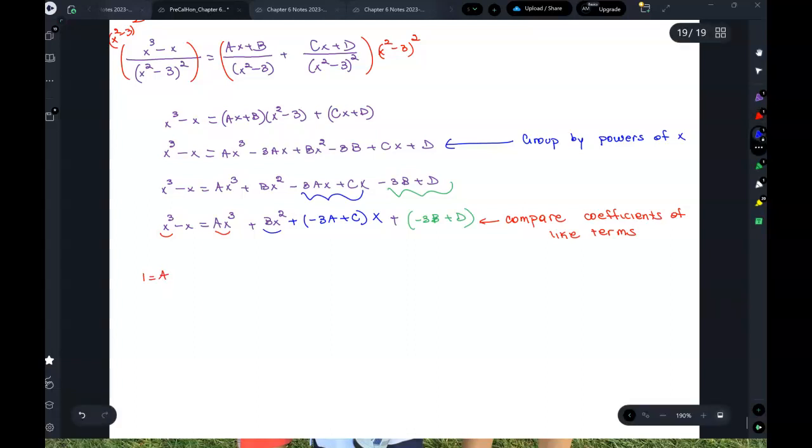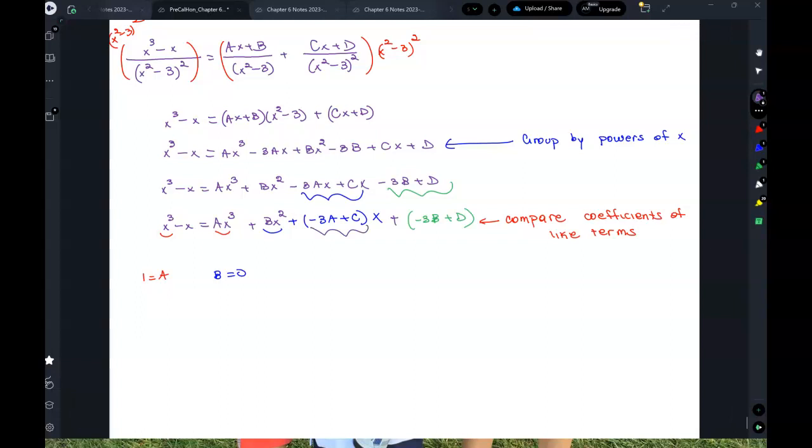Okay, this is the x squared term. Here, there is no x squared. That means what's the coefficient of the x squared term here? 0. So I say b is equal to 0. Here, this is the coefficient of the x term.